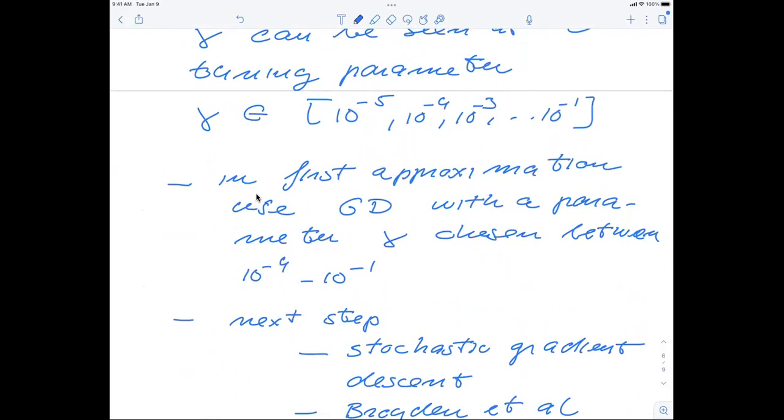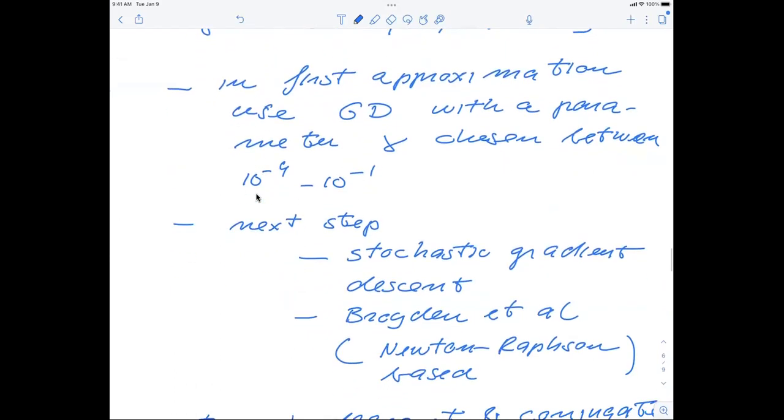This is perhaps the simplest possible step in the development of our code. Then we can start implementing more advanced methods like stochastic gradient descent, or we can use these kinds of semi-Newton-Raphson methods like the method of Broyden et al., which makes an attempt at estimating the Hessian matrix.